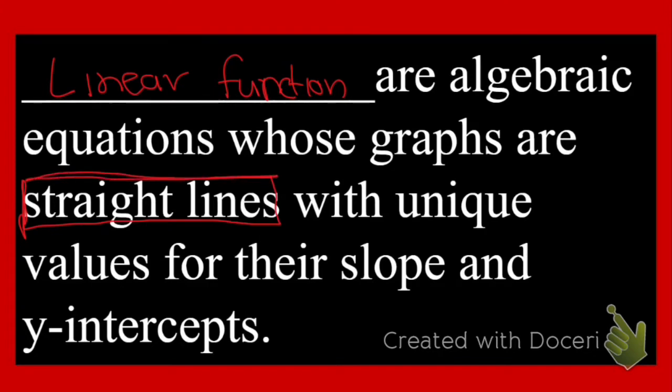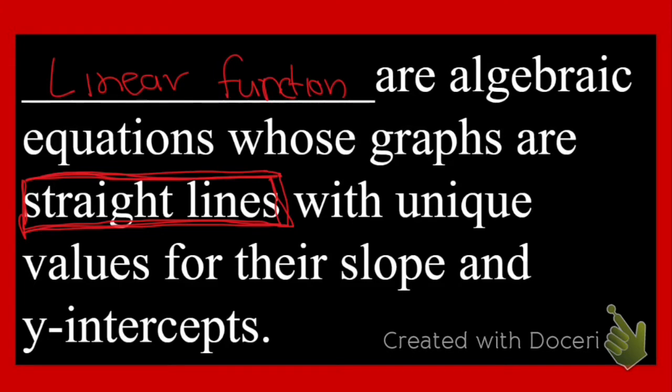That's what we're determining based off the graphs, based off the tables, and based off the equations. When we look at those, we've got to determine whether it's going to be a straight line every time. Okay, so if it is a straight line, linear function. If it's not a straight line, it's either a non-linear function or it's not a function at all.